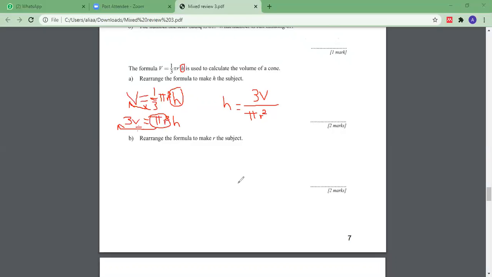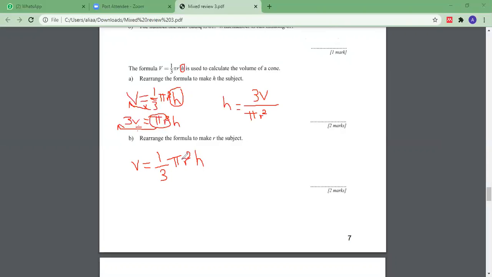Okay, this time he wants the r. Okay, I will rewrite it again. V equals 1/3 pi r squared h.